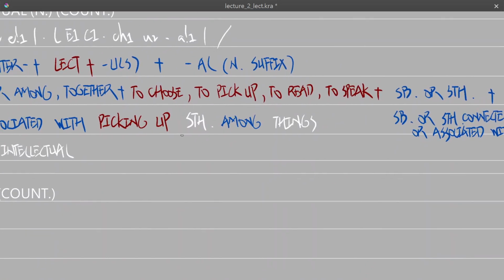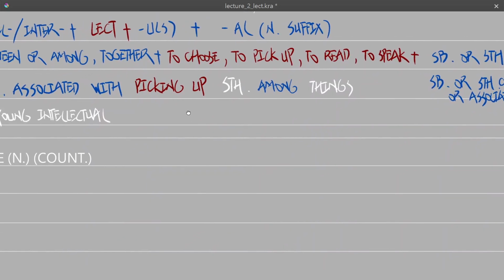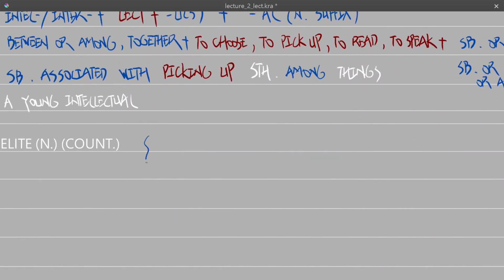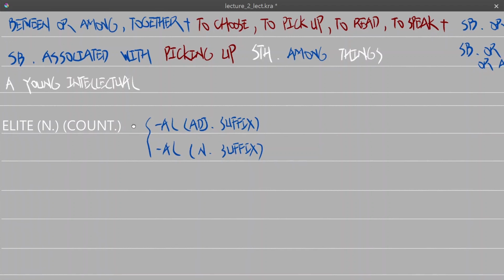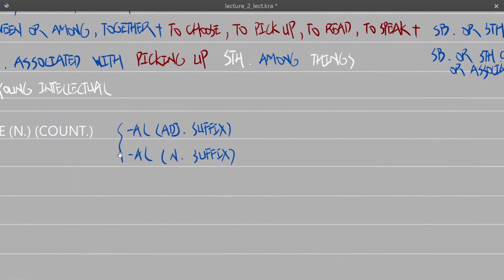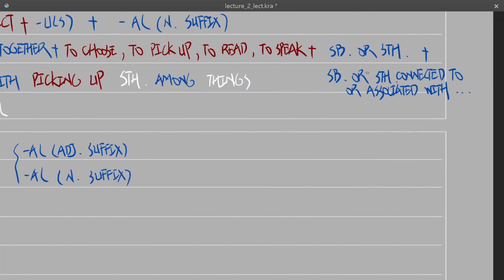Now we have the suffix L. It's an adjective suffix, and L is also a noun suffix. L as an adjective suffix literally means relating to something, and L as a noun suffix means somebody or something connected to or associated with something.